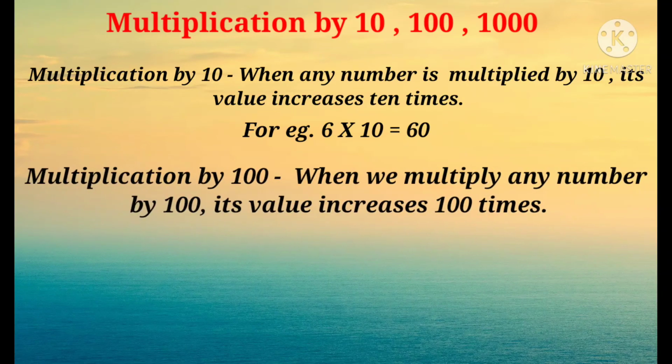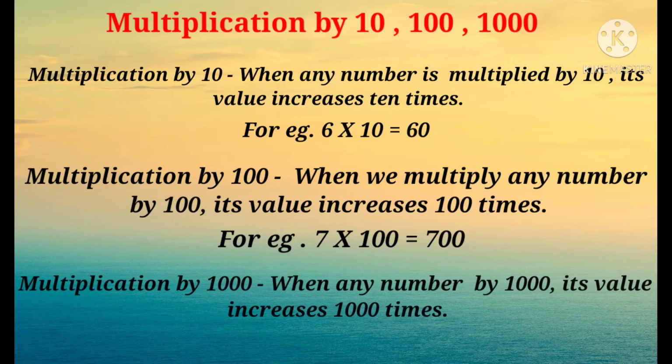Now let's see the multiplication by 100. So if we multiply any number by 100, its value increases 100 times. So to multiply 7 into 100, first multiply the non-zero numbers, that is 7 and 1, we get 7, and then according to the number of zeros, there are 2 zeros in 100, so put 2 zeros to the right of the number.